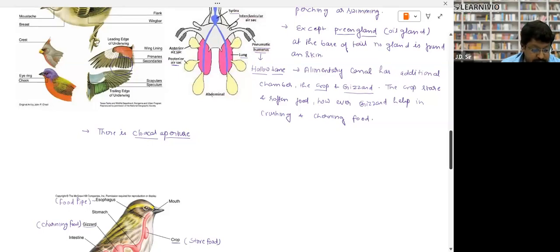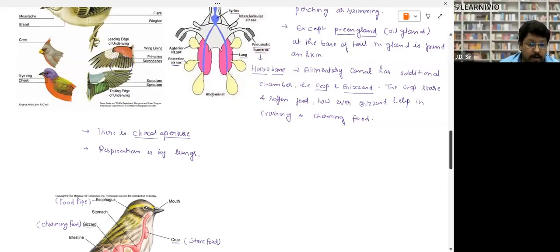Next, respiration is by lungs. I have discussed the respiratory system with you. Respiration is by lungs.